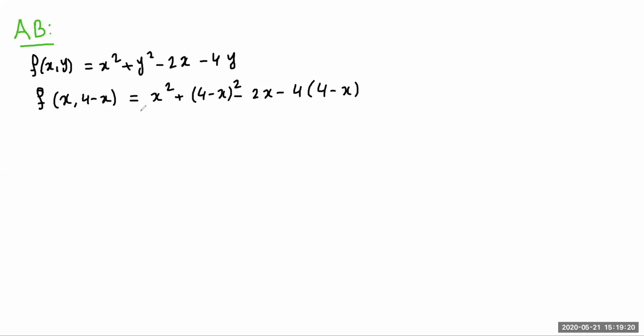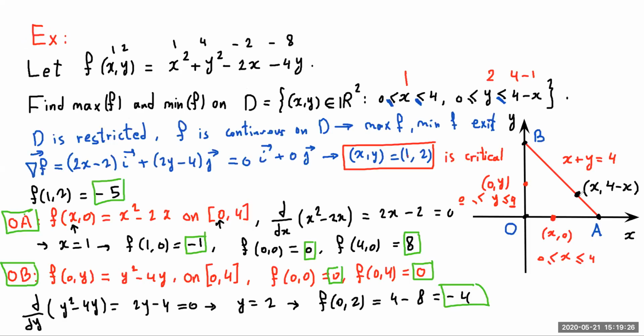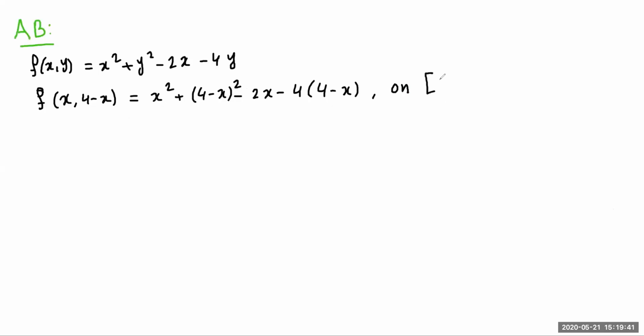Okay, let's study this function on the interval. So here, when the point moves from A to B, x moves, so when the point is at B, x is 0, and at the point A, x is 4. So x moves from 0 to 4. So let's calculate at first when x = 0. So I will have f(0, 4).